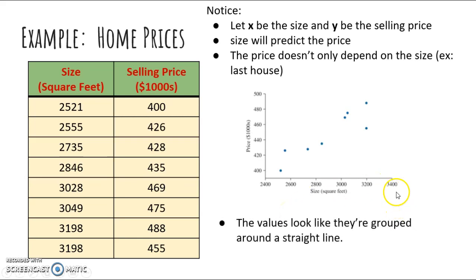So if you look at this, even though it doesn't form a great line, they do look like they're grouped around a straight line. So if a line, let's say an imaginary line going here, if you follow my cursor, those points kind of cluster around an imaginary straight line. And as I said before, it looks like they're associated because the larger size houses are associated with higher prices.